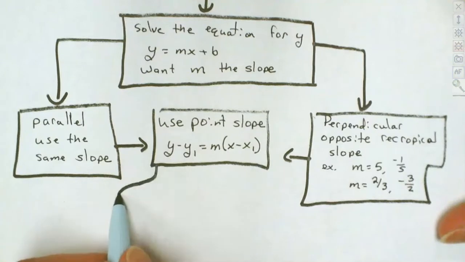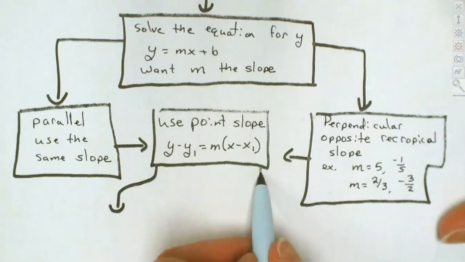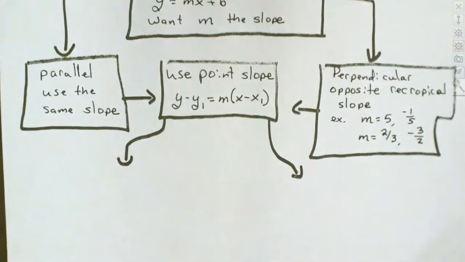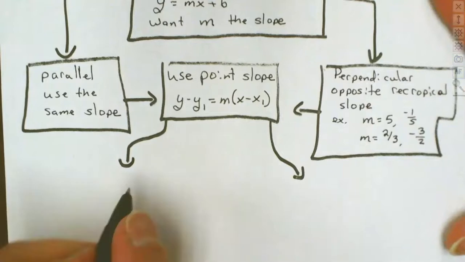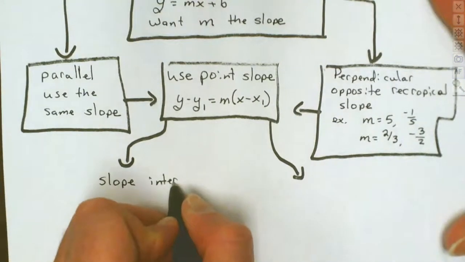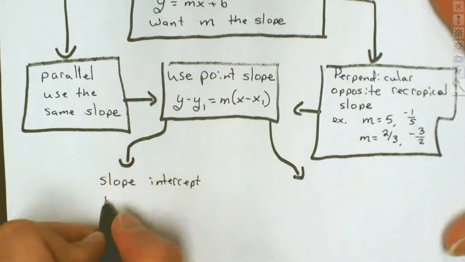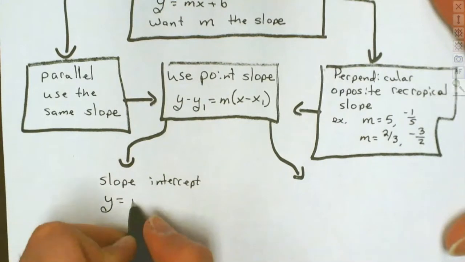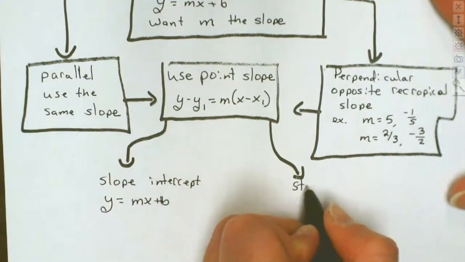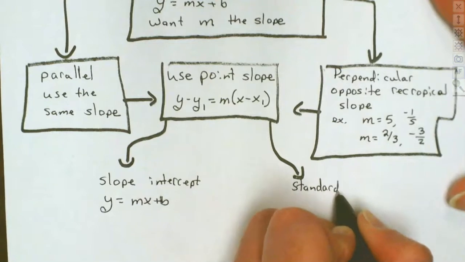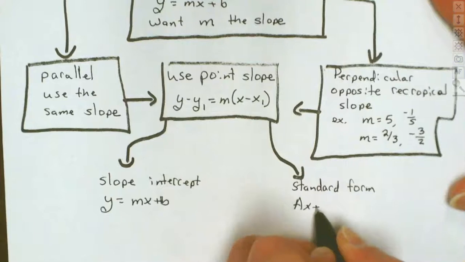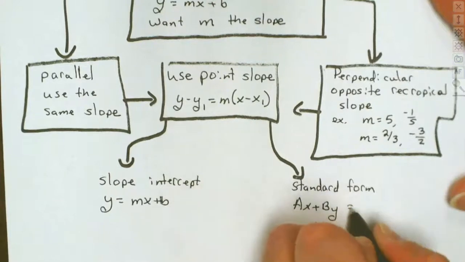And then we can either write our answer in standard form, or we can write our answer in slope-intercept form. Slope-intercept form is y equals mx plus b. And standard form is ax plus by equals c.